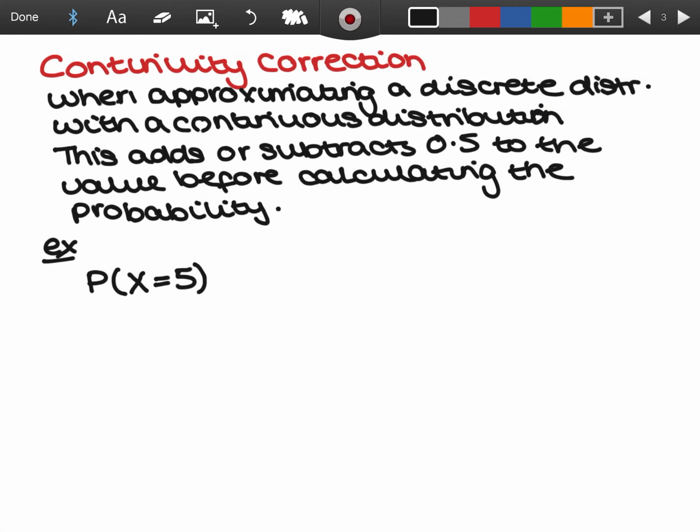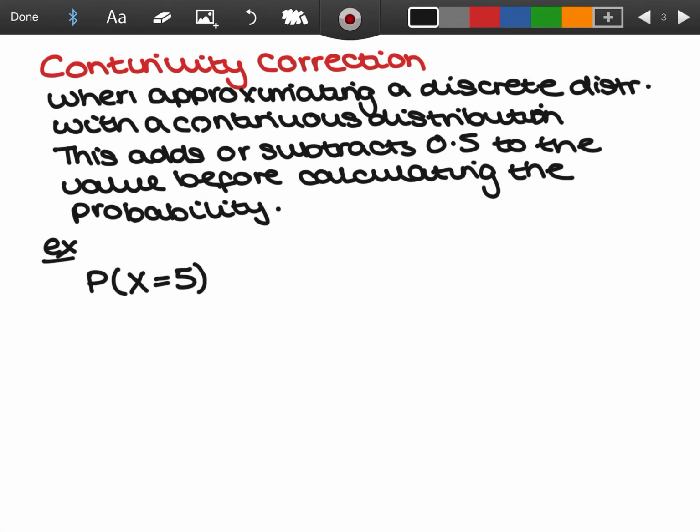If we do this for the probability that you have exactly 5 successes, what you need to remember is you are using a continuous distribution to approximate a discrete distribution. So at the moment we are in a discrete distribution, but I want to approximate this with something continuous.